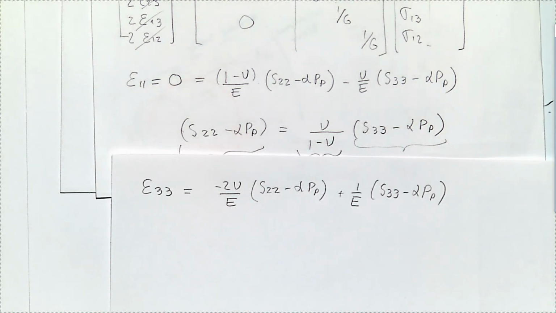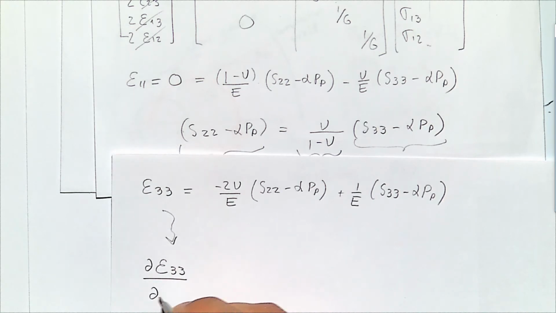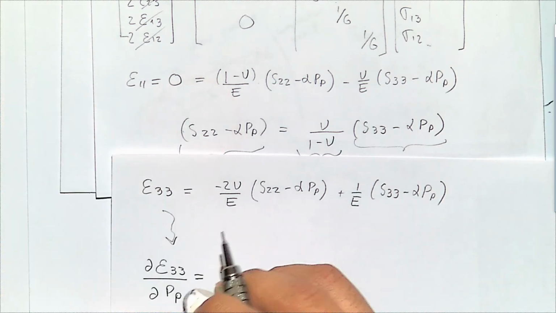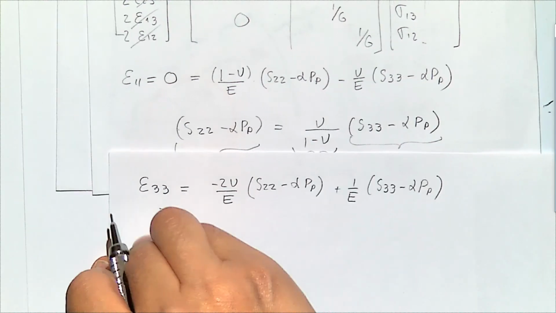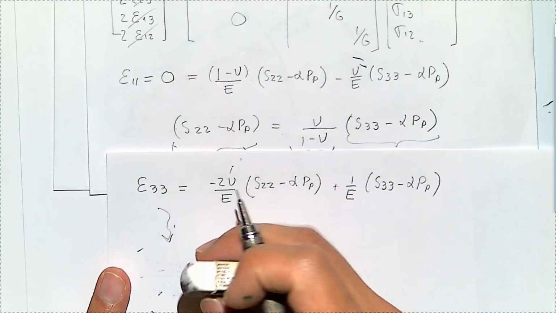And what I'm going to get is that epsilon 33, or the variation of epsilon 33 with the variation of pore pressure, is going to be equal to negative... well, no, okay, wait. Let's not skip steps, because it's not going to make a lot of sense otherwise.